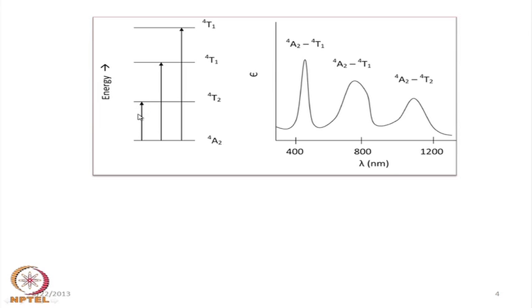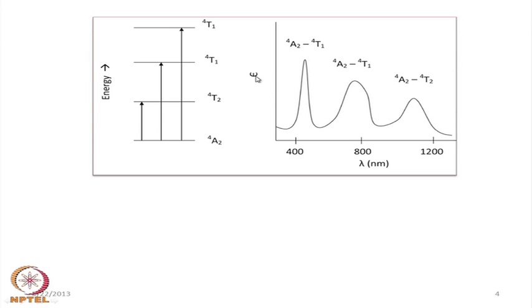As we move from low energy, towards the red side, this is the low energy transition, this is the medium energy transition, and this is the high energy transition. These three transitions can be nicely correlated once we know the corresponding diagram. Experimentally, this is the measured spectrum for the ion placed in an octahedral geometry, and it correlates the corresponding values in terms of energy.